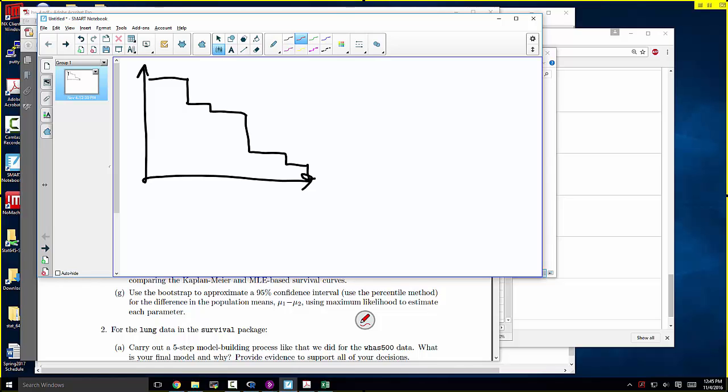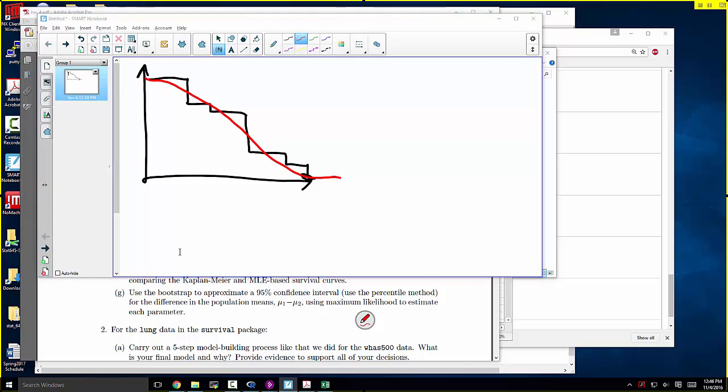But if we assume that the survival times themselves have a distribution, and you're going to assume they're normally distributed, then we can specify a likelihood and use that to estimate a smooth survival curve. And the MLE survival curve will look a lot like the Kaplan-Meier curve, except it won't be a step function, but it'll go right through the middle of it.